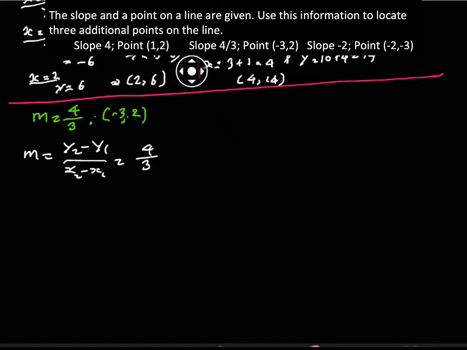What is the meaning of this? The denominator is the x. When x increases by 3 units, then y increases by 4 units.